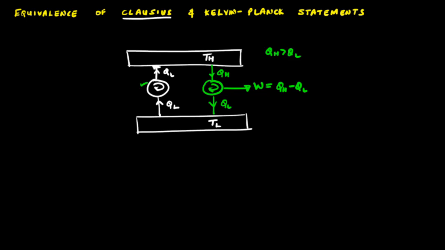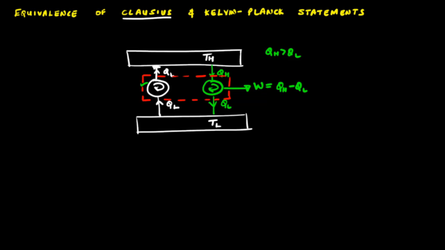Now, if you consider both of these devices combined as a single system operating in a cycle, then if you look at the low temperature reservoir, the net effect is that there's no heat transfer to or from the reservoir, because the refrigerator absorbs heat QL, whereas the heat engine rejects the same amount of heat QL to this low temperature reservoir.